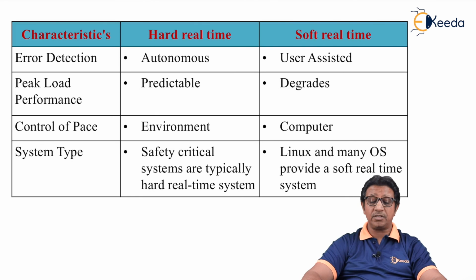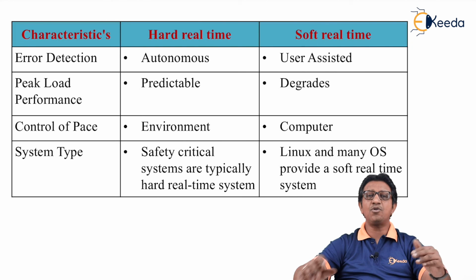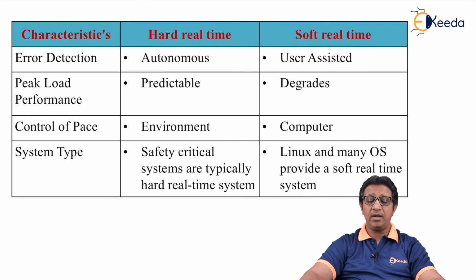Now peak load performance is predictable in hard real-time systems, whereas it is degraded in soft real-time systems. Coming to control of pace, it is environment in hard real-time systems, whereas in soft real-time systems, it is computer.